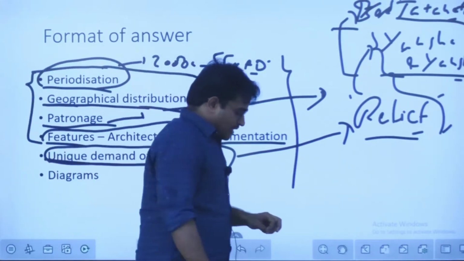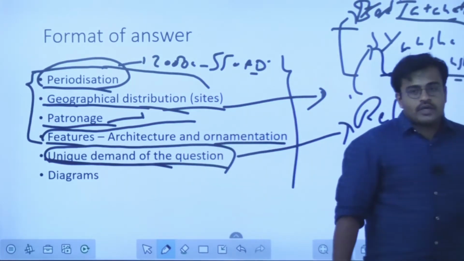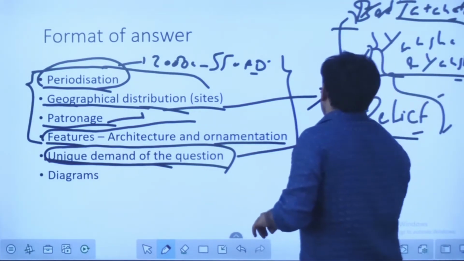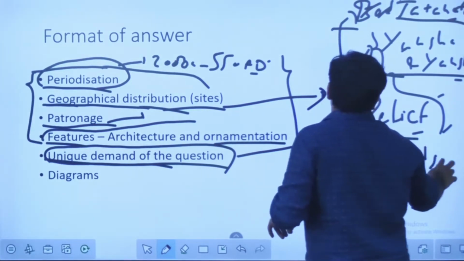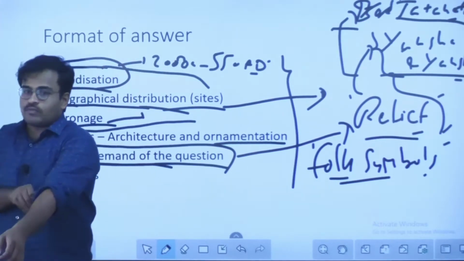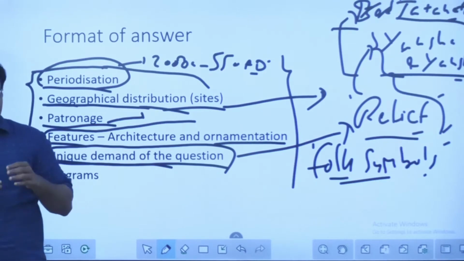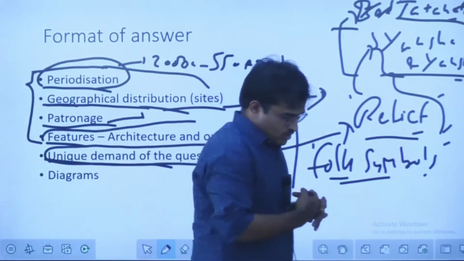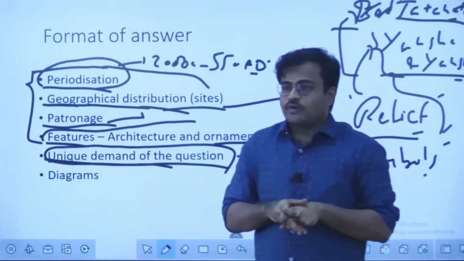Then, along with that, if you want to write a little more critically, some of the folk symbols on the stupas were against the core principles of Buddhism. Can you give an example?